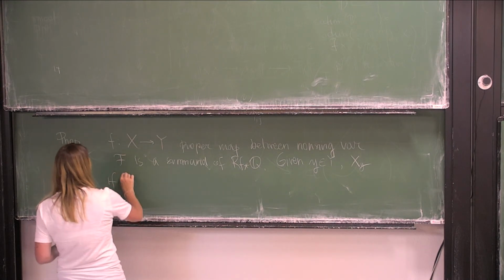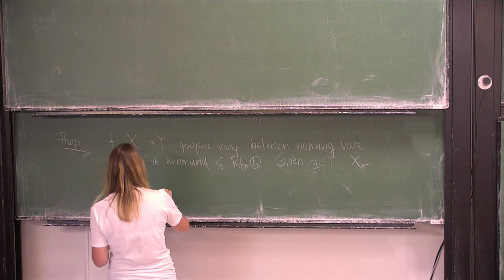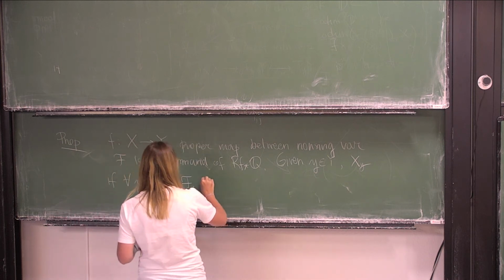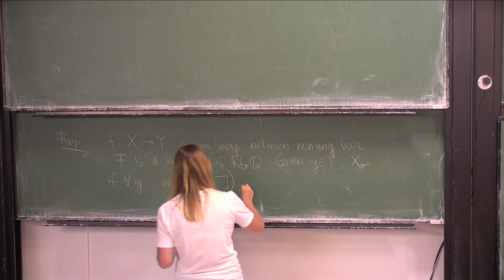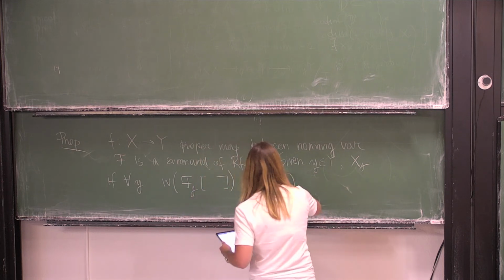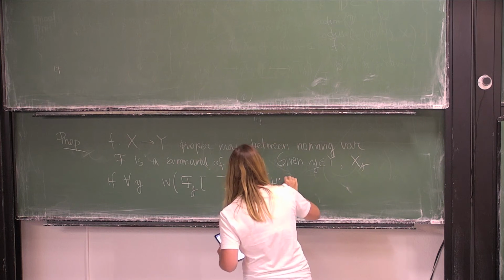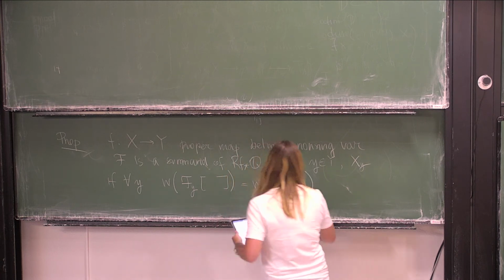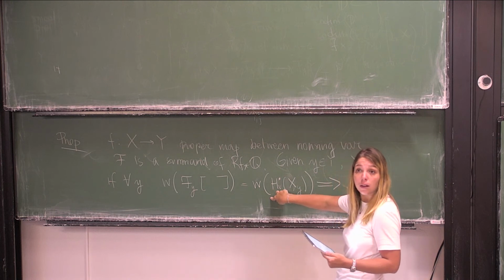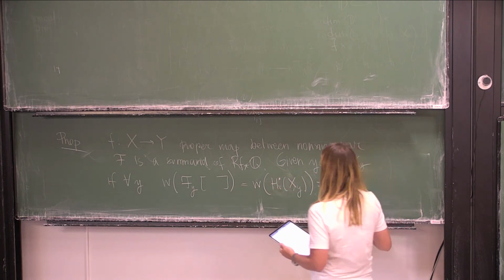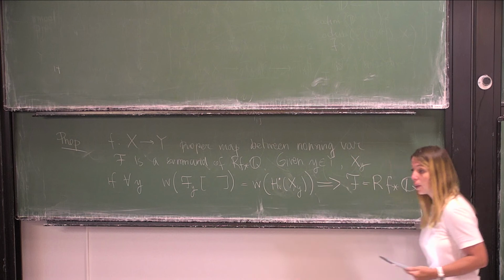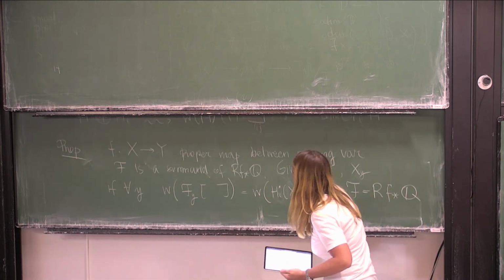If for all y, the weight polynomial of the stalk of the summand F at y is equal to the weight polynomial of the Hodge structure on the cohomology of X_y, then if this equality holds for all the possible points, F is indeed the whole Rf star Q.